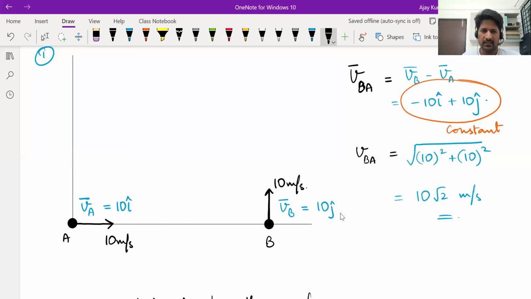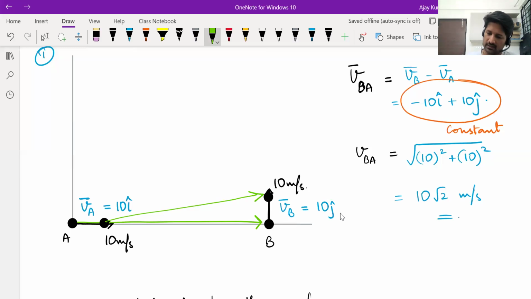Let's consider this first instant. At the first instant, this is where B appears to be as seen by A. An instant later, A will move forward, B will also move forward. And if you imagine A observing B, B is now at an angle like this, and you can also observe that the distance has decreased.